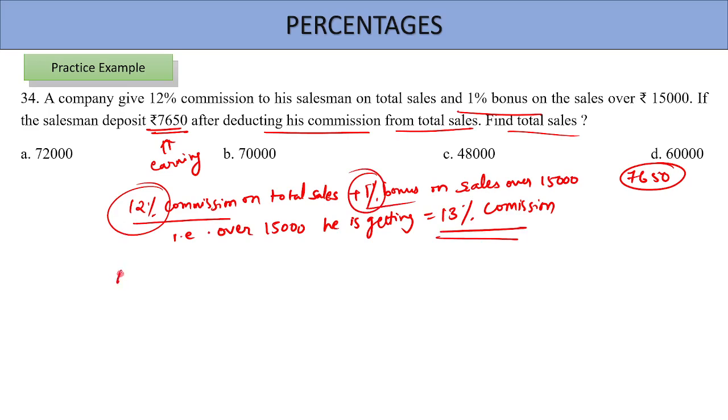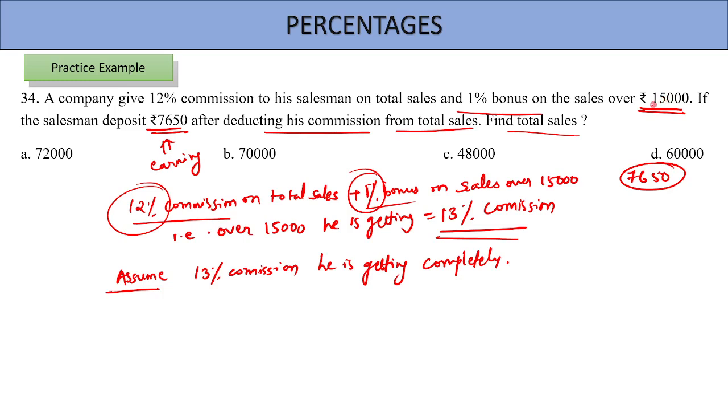Now we will assume, let's say, this 13 percentage commission he is getting completely, irrespective of the 15,000 target. That means below 15,000 it's 12 percentage, but we will assume 13 percentage commission overall.